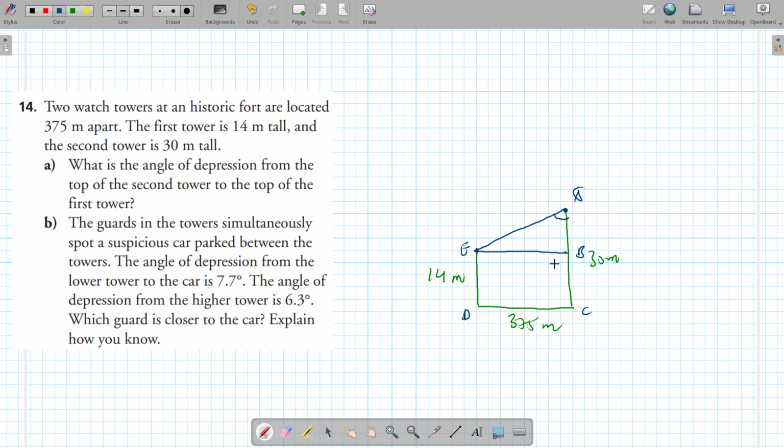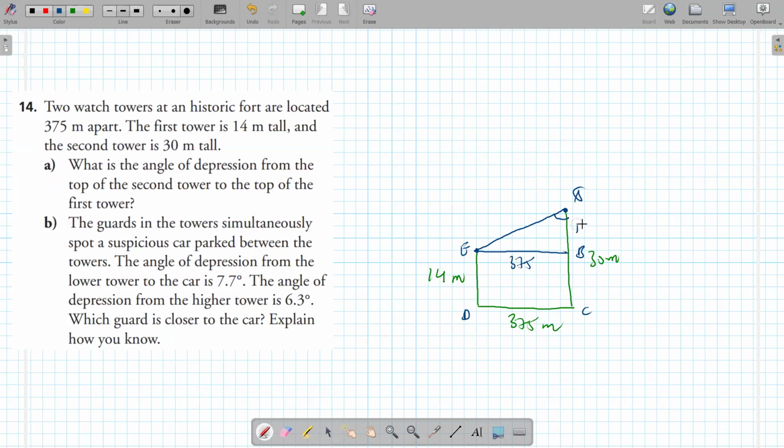Do we know EB? It's 375. What about AB? Do we know AB? You subtract 14 from 30.